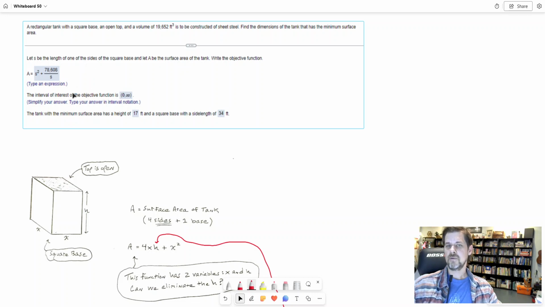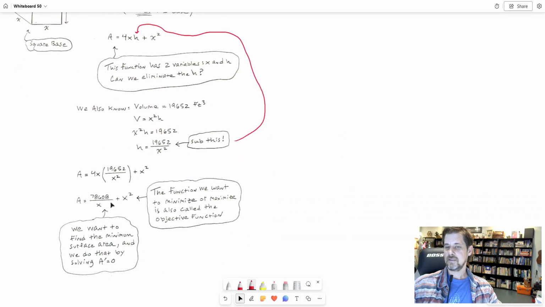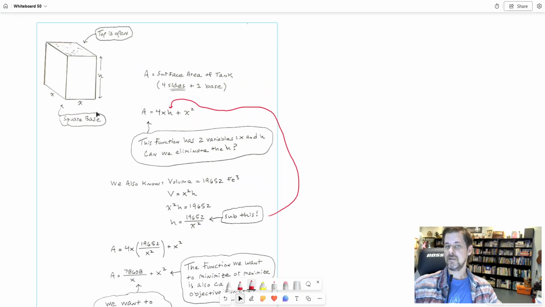All right, what about the interval? Well, what they're asking about there is, what are the possibilities for the variable in this function? So we'll think about it like this. Here's my function that measures the surface area. What is the x doing? What's the purpose of that? It tells you the side length of the base. It's x feet here and x feet that way.